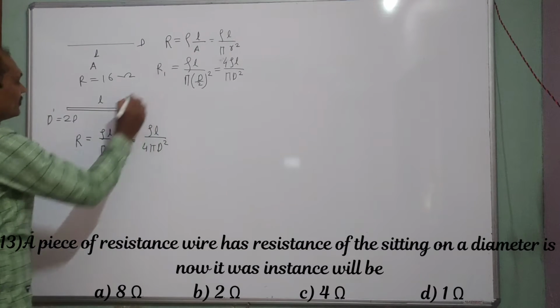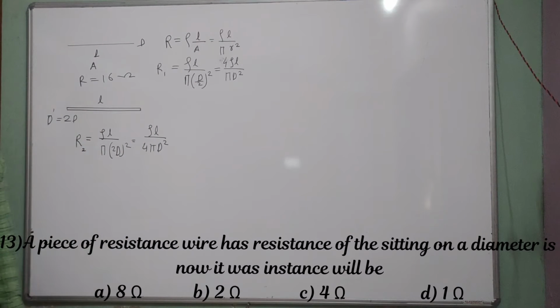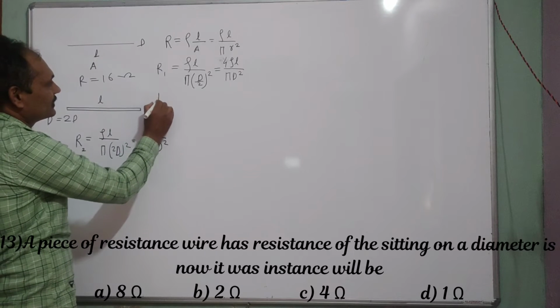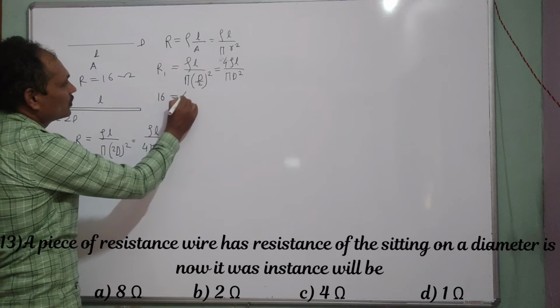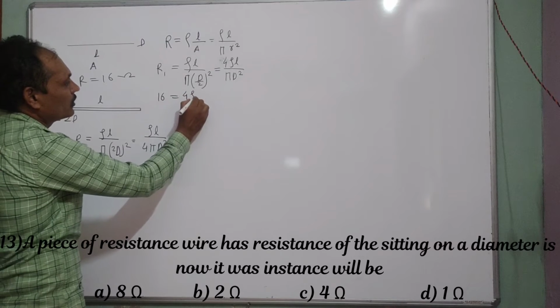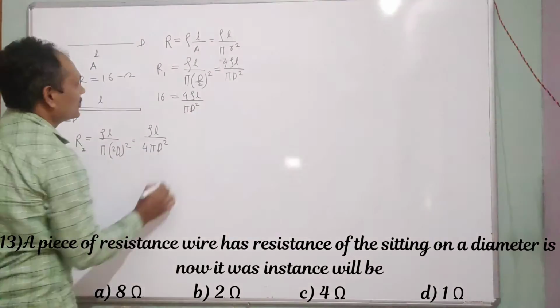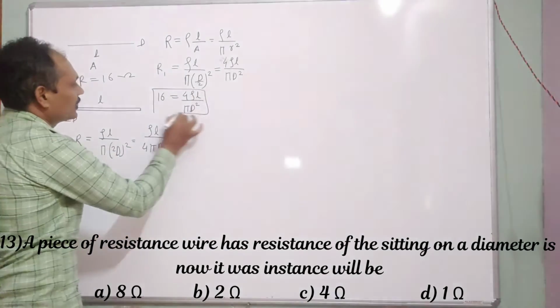This is resistance 1 and this is resistance 2. The first resistance is given as 16 ohm equals 4 rho L upon pi D square. Equation number 1.